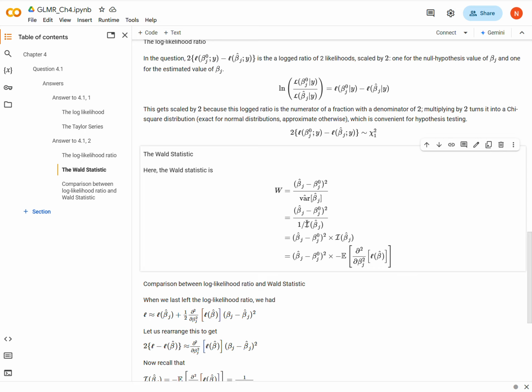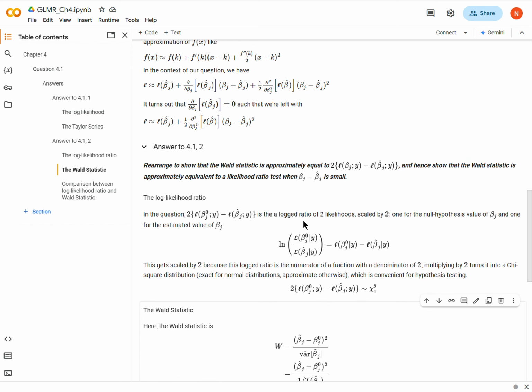And so now I can just drag that information out here. Now I'm just multiplying by the information, and the information of beta hat is equal to this expression right here. So now we have just these two pieces on the table.